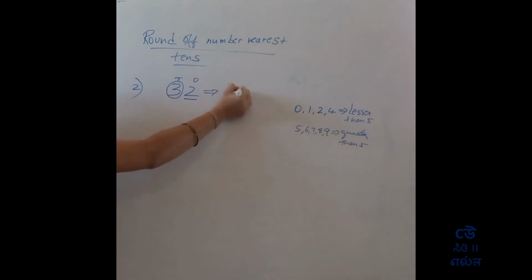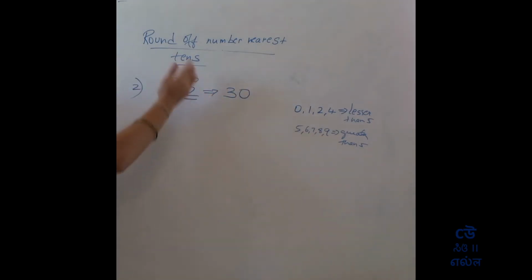Ones place value will be written as 0. Right side to tens place value, we have to consider those numbers as 0. Understood, children? Left side to this number, whatever it is, you have to write as it is, and right side to tens place value, you have to consider those numbers as 0.